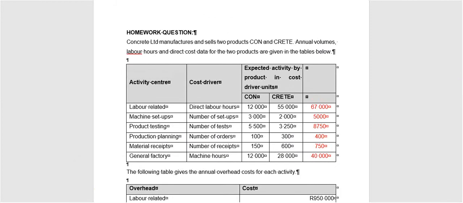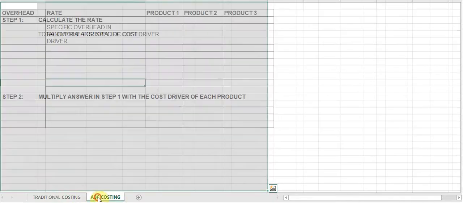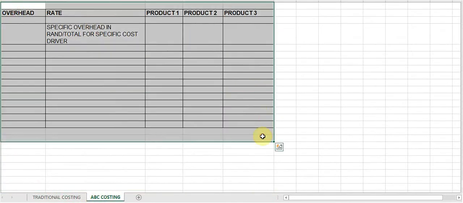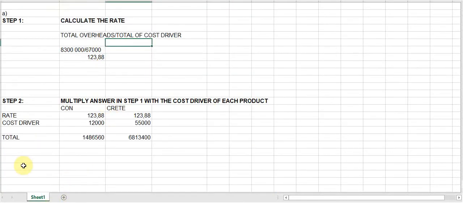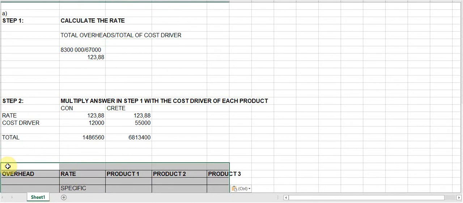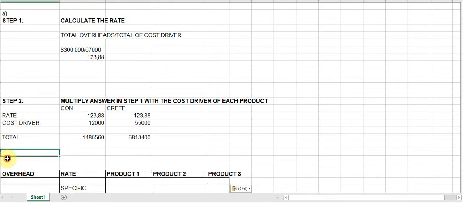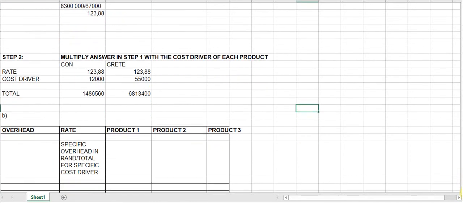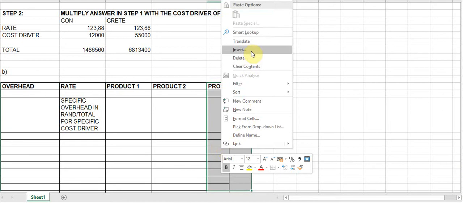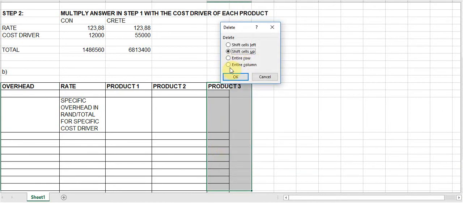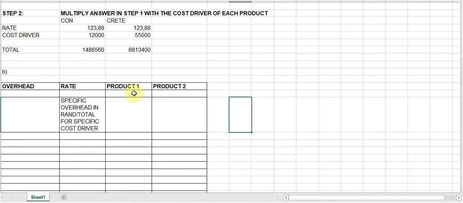So again, I am going back to my template, copying the table that I use for my ABC costing, and I'm just copying it in, and this will be the answer to required B. In this instance, we did not have 3 products, so I am just deleting the additional column, and then it's product Con and product Crete.